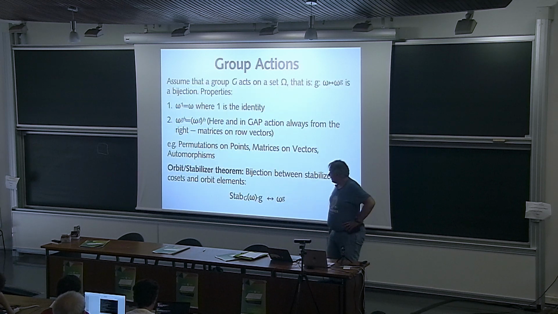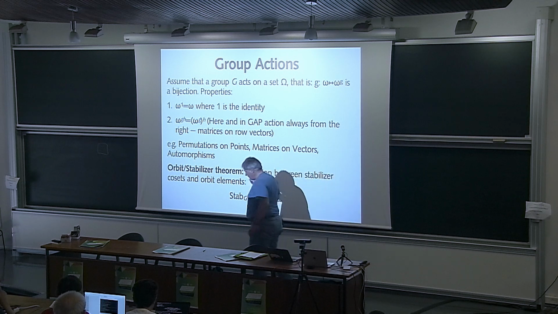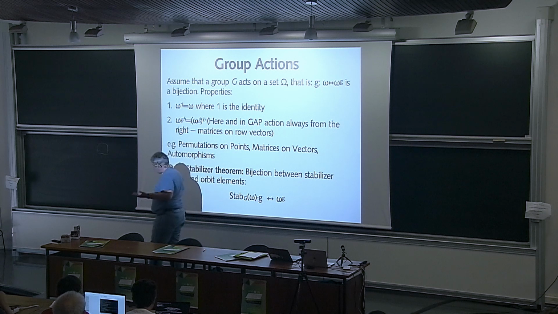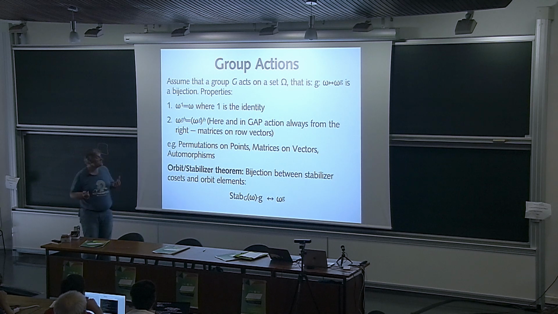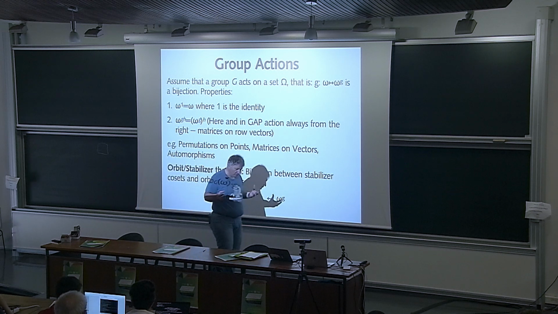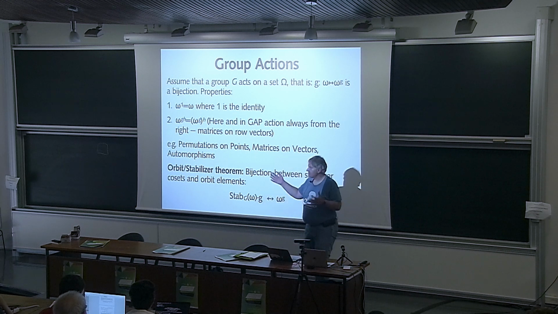And the tool for this is the one thing which is special to groups, which other structures don't necessarily have, and that is group actions. And that will lead us to the orbit algorithm, which is basically the one algorithm which is specific to groups.